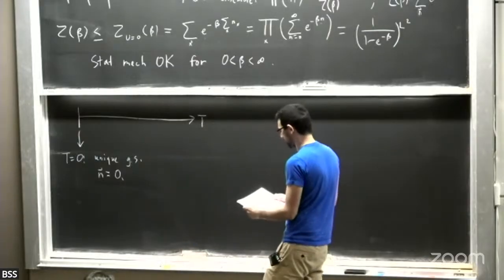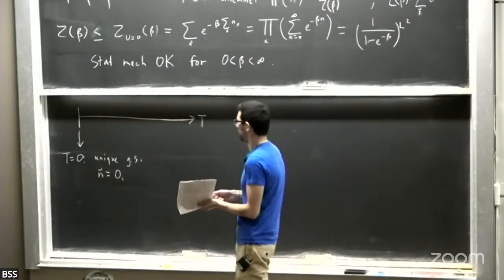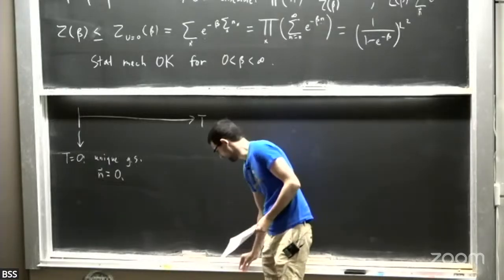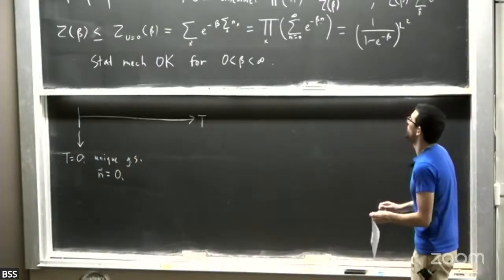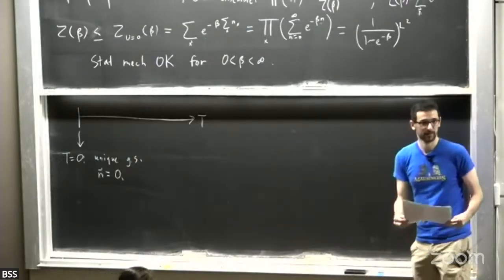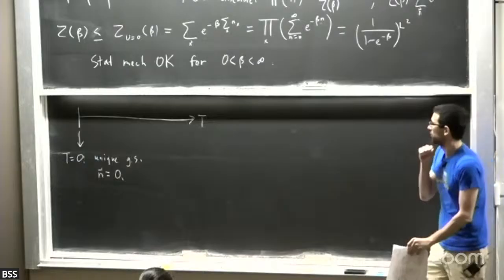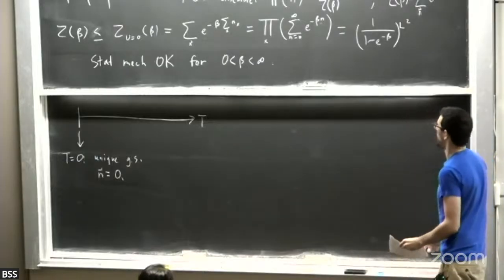And now let's ask what happens at very high temperature. Maybe here you just need to stare at the problem for a bit. And after staring for a while, you might come up with two guesses for what happens.